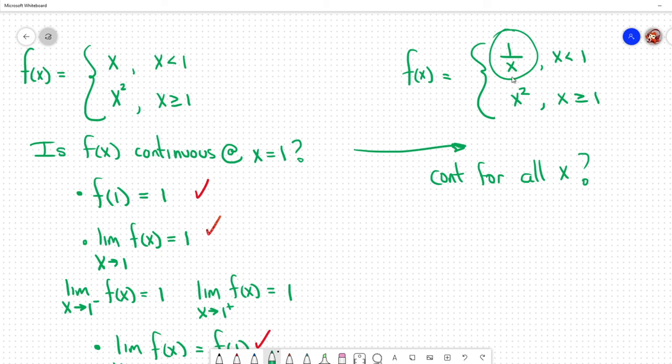Because if I did have 0, I would have to go through this function, and it's not going to be continuous at that part. If we graphed it, we would see that it actually does show us. So let me sketch the axes. I would be seeing something like this.